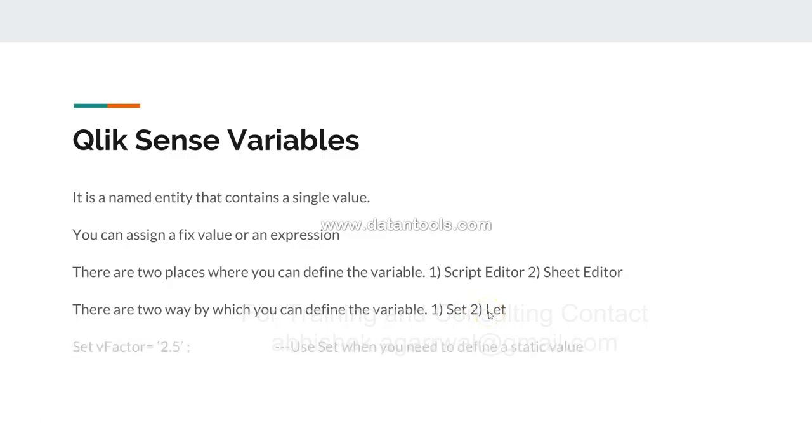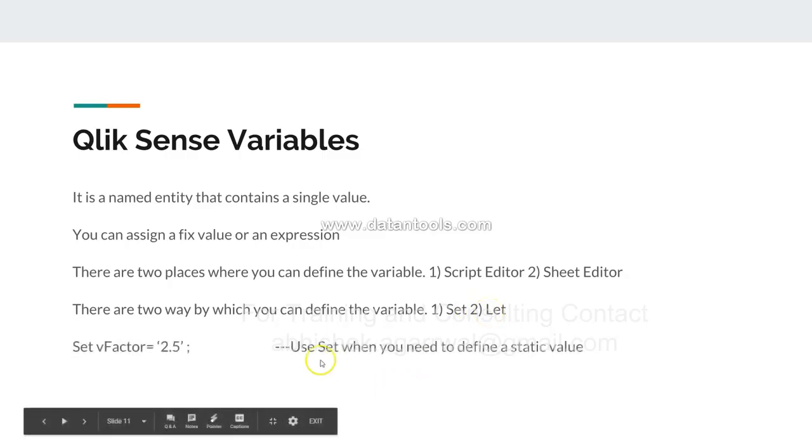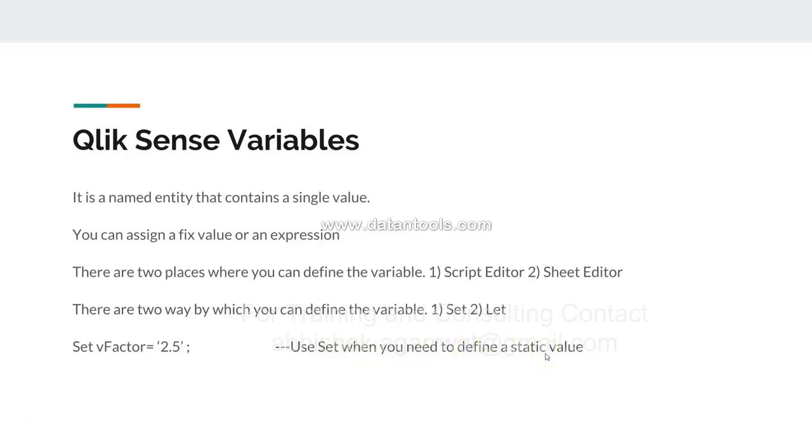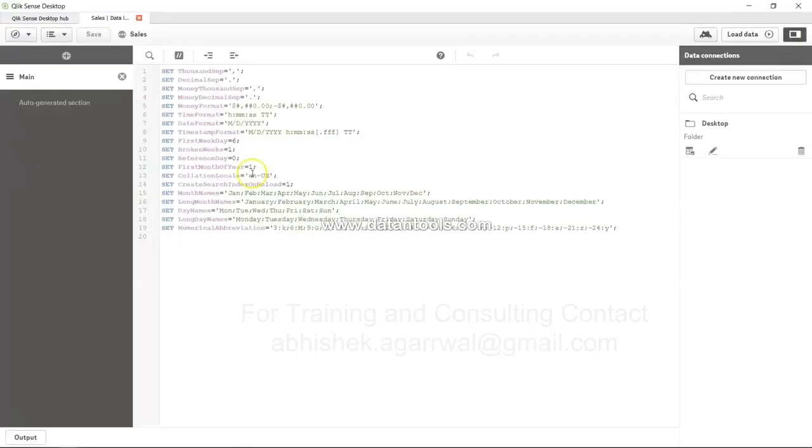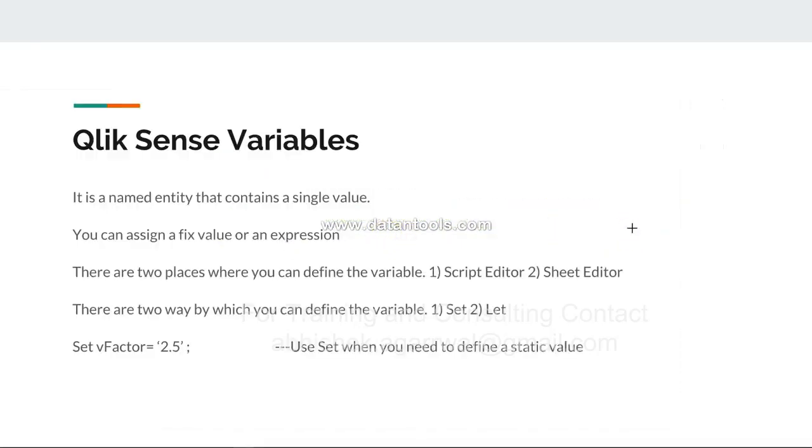What is the difference? Set is used when you need to define a static value, and that is specific to your data load editor, not the sheet editor which I showed you just now. So here you see we have clearly specified Set, and it's a static value in each of these cases.